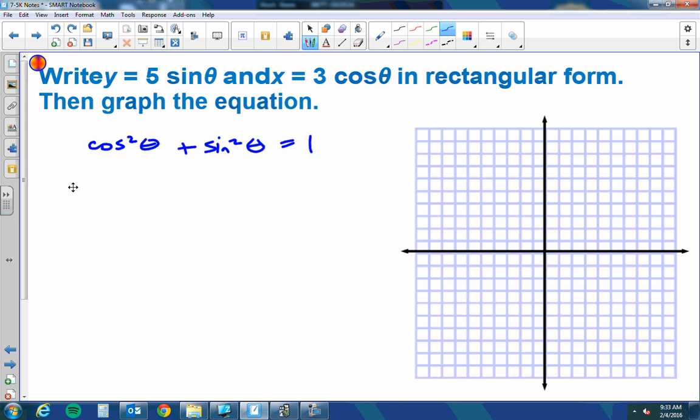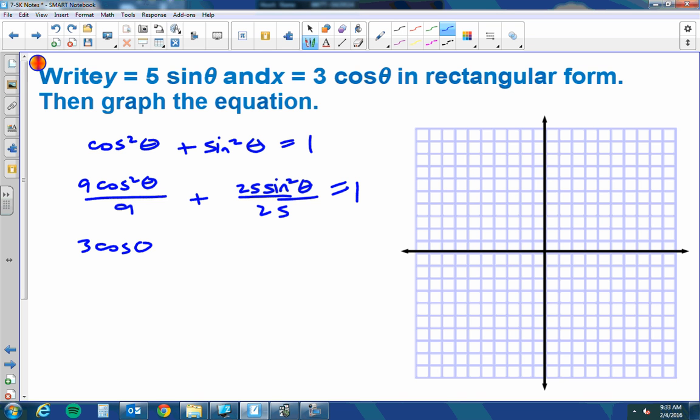Okay? Now watch this. I'm going to multiply this term by 9 and divide by 9. Here I'm going to multiply by what top and bottom, do you think? Correct. 25. And we get there. And then I'm going to rewrite this as (3 cosine theta) squared over 9, because I can.